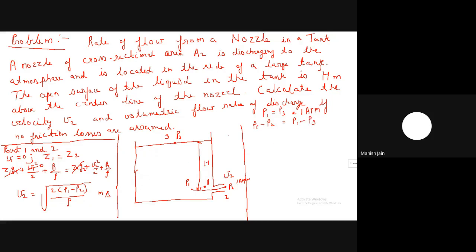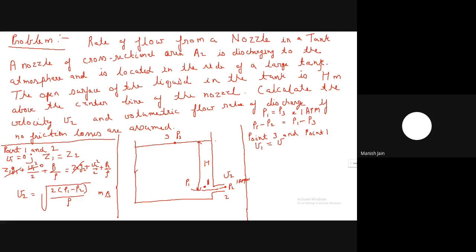Now you have to solve the Bernoulli equation between point 3 and point 1. So velocities at both points are 0. Why are the velocities 0?